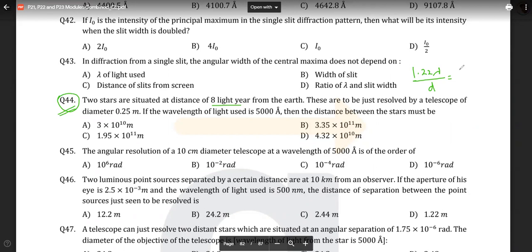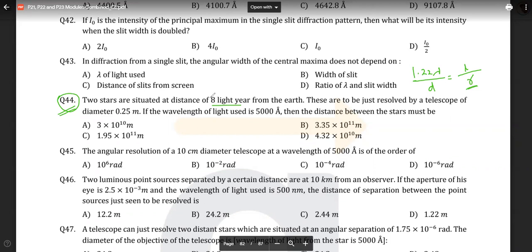If you equate it with a very small angle, tan theta, so it will be theta. Suppose this distance is L, by r. Now this r is given.